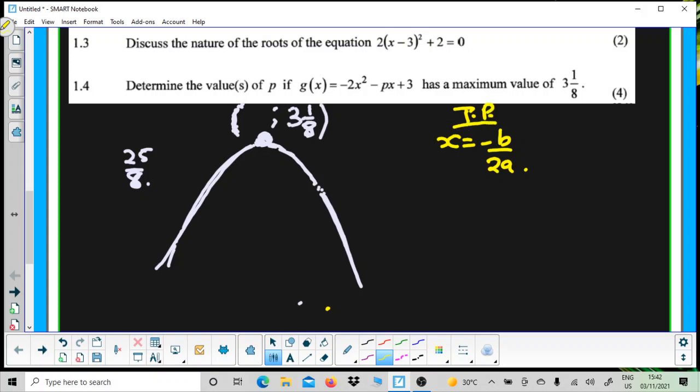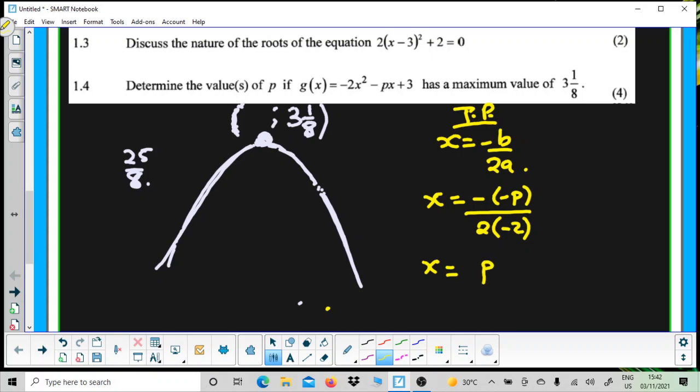right? So here is what you're going to do. The value of the turning point will be minus b. How many of us are noticing that your b is negative p? Keep looking, because this is important. It would seem 2a and 2 by negative 2. So the x value at the turning point, it looks to me like it is in terms of p, which is actually a good thing.